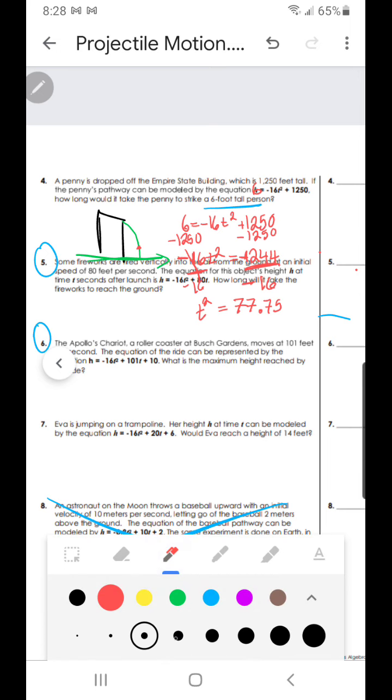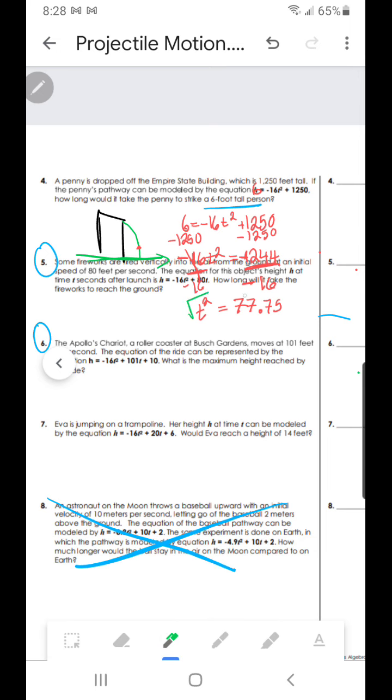Now, let's take the square root of both sides. Before, we took the positive and the negative of the square root. When you take the square root of both sides, you have to say plus or minus the square root of 77.75. But here we're talking about time again. Does it make sense to talk about a negative time? No, it doesn't.